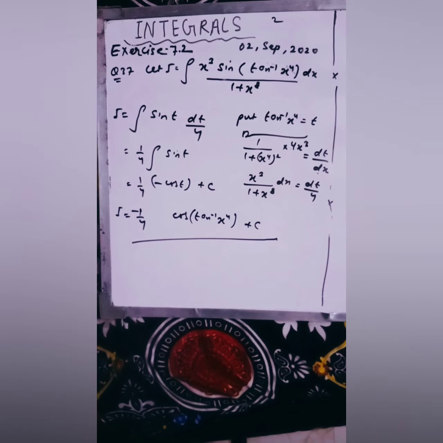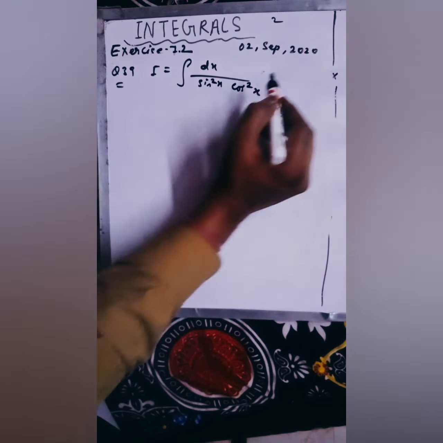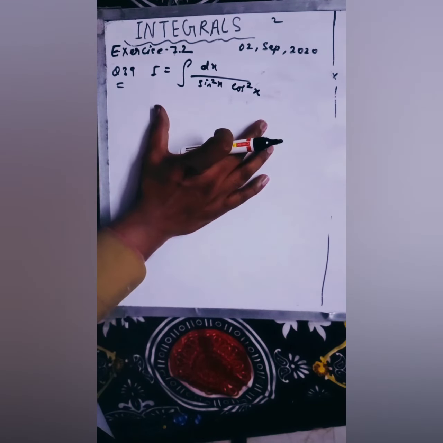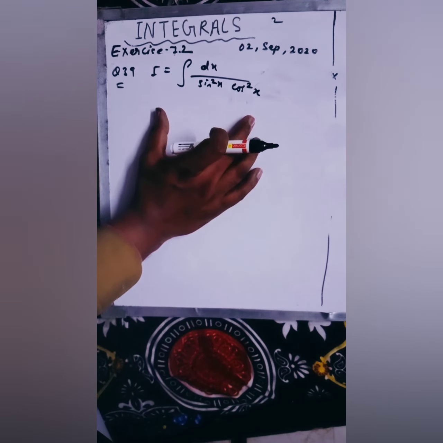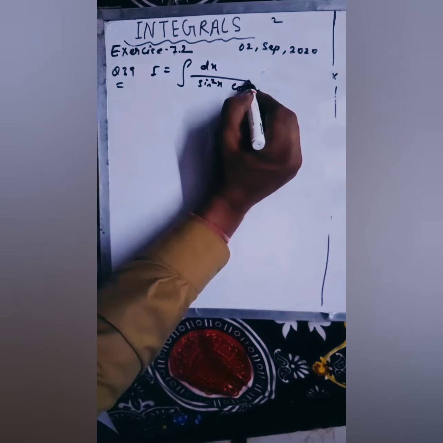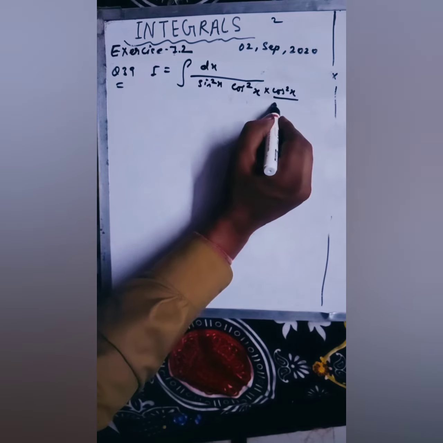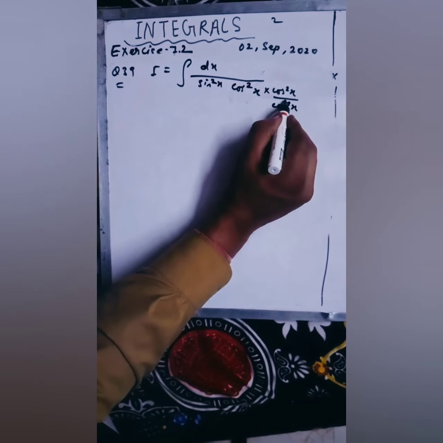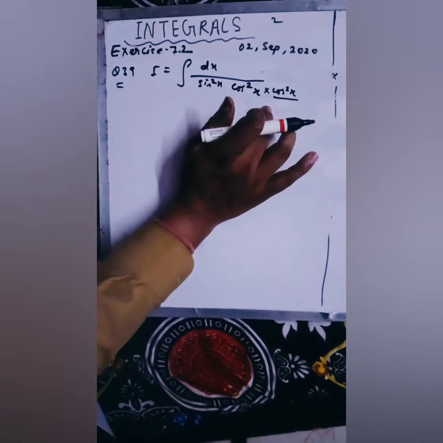Okay, see, this is one of the very important questions of this exercise. So this is your question number 39. See, how will you solve this? What you have to do in this question is multiply the denominator by cos square x and divide by cos square x. Okay, I'm writing this again.